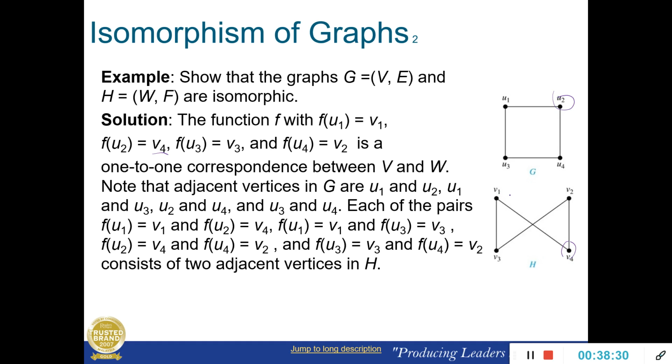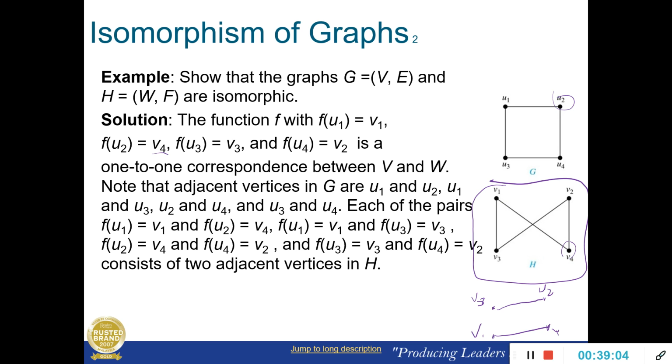Let's see if you look at this graph. If you move V1 and V4 here, V1 you move here and V4 you move here, so you have V1, V4, V3, V2.